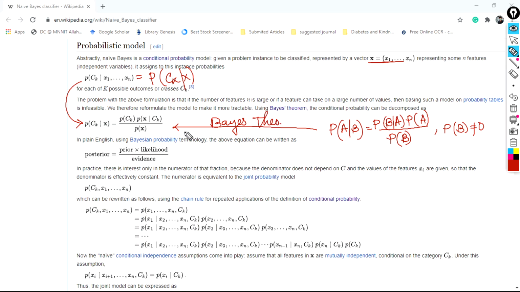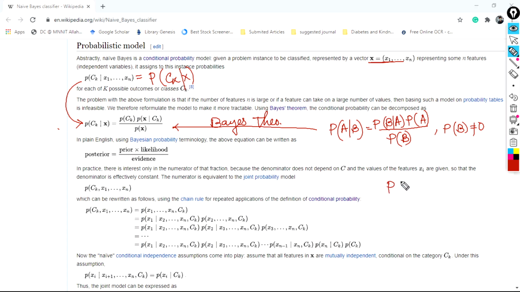Now we are interested in finding P1k, P2k, P3k, and at the end we have to compare them to see which one is the largest. P of x is a constant, because it is the same for all probabilities.